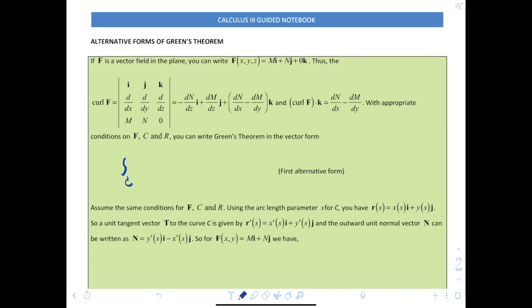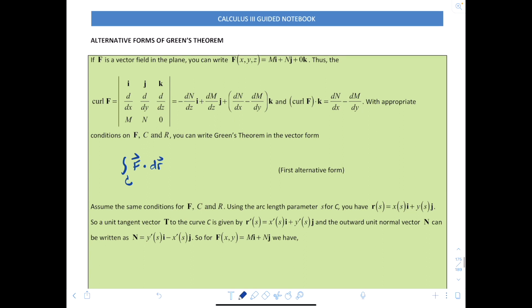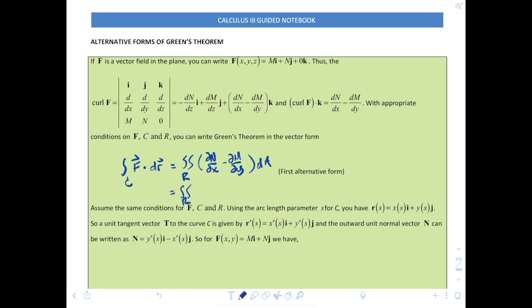It would be the line integral along the curve of the vector field F dot dr, which ends up being that double integral over the region of the first partial of n with respect to x minus the first partial of m with respect to y dA, which happens to also be equivalent to the integral over our region of the curl of F dot K dA. Okay, so that's the first alternative form.